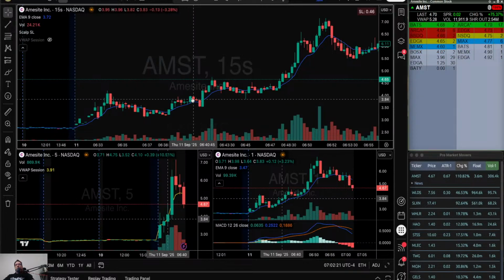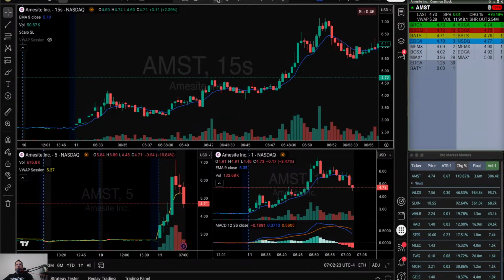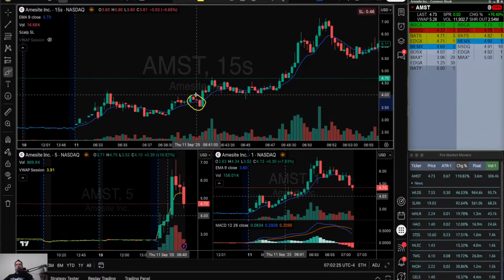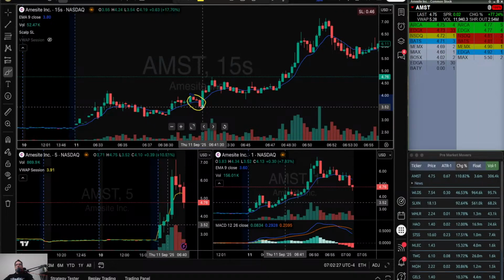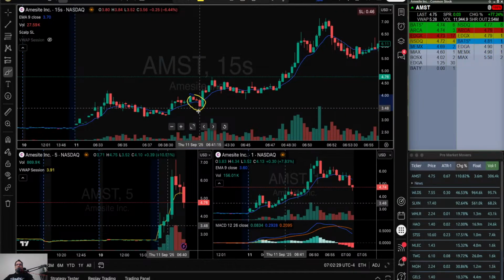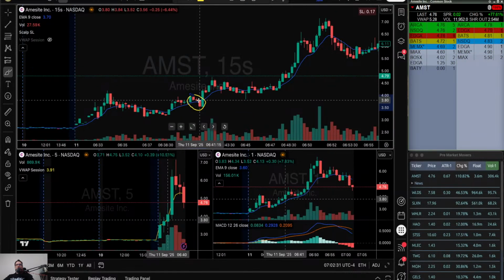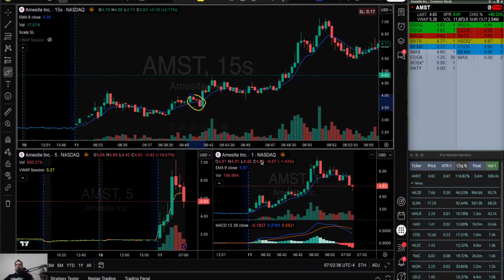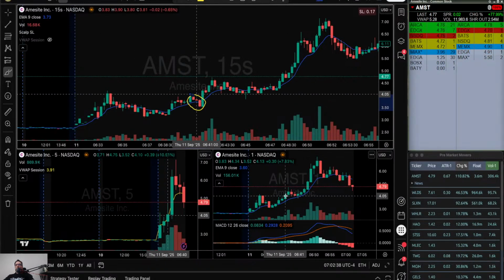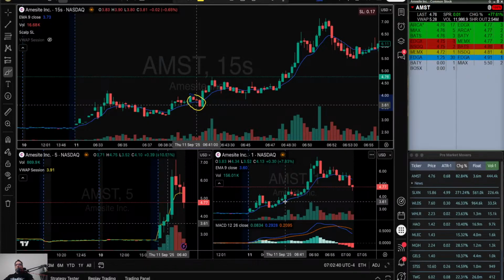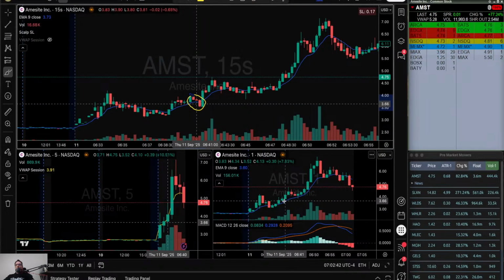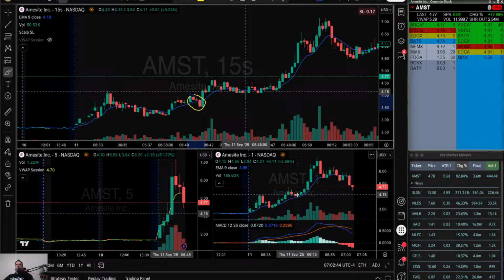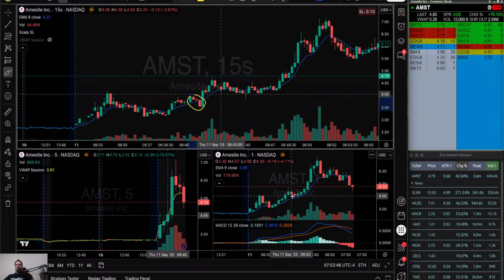This right here, I do not consider a micro pullback because it closed below the EMA. Even though we're making higher highs on a 5 minute, I just did not think that was good. Also, we were moving up on the 1 minute. We kind of bounced off the 1 minute EMA, which is pretty nice, but I just didn't consider that to be really valid.